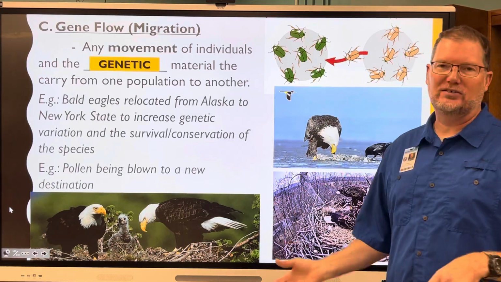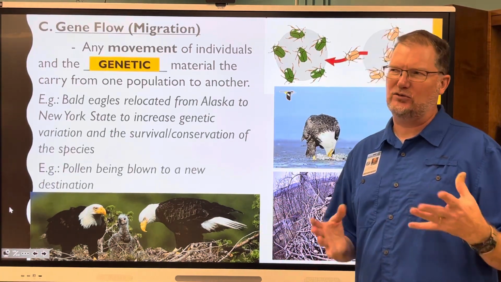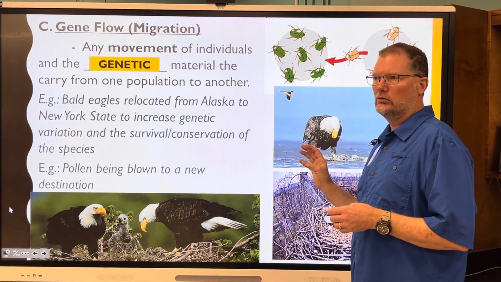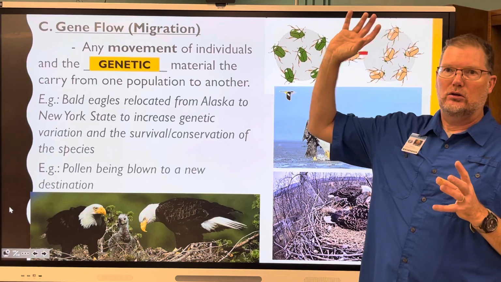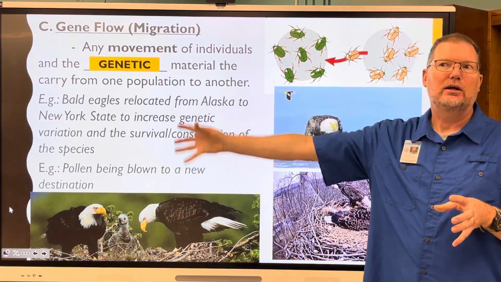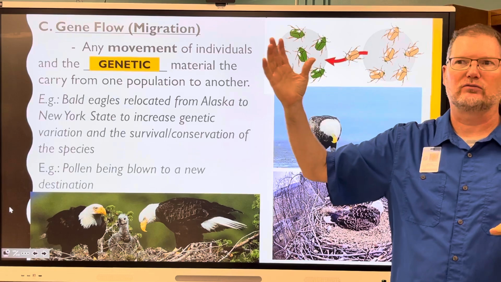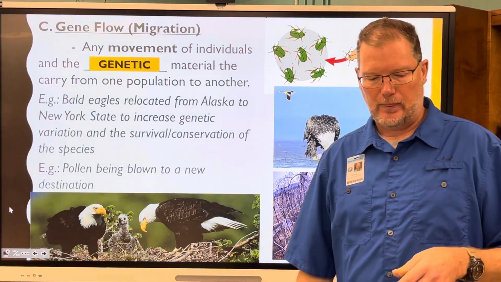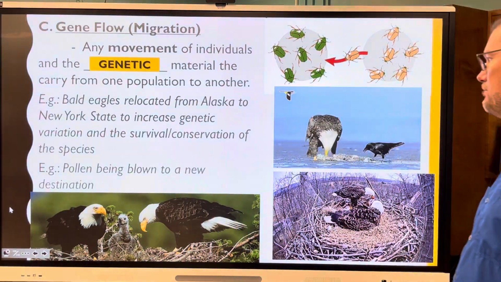And the only ones that were left after DDT was banned in the 60s or early 70s were not enough for genetic variation. And so they took some eagles from Alaska and brought them to New York. That's about a 4,000, 5,000 mile trip across North America, to help their survival, okay?